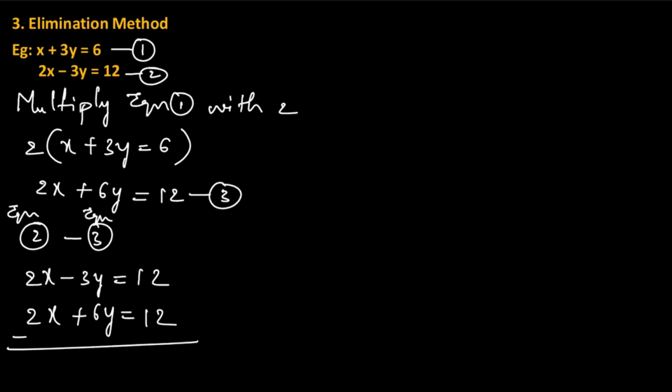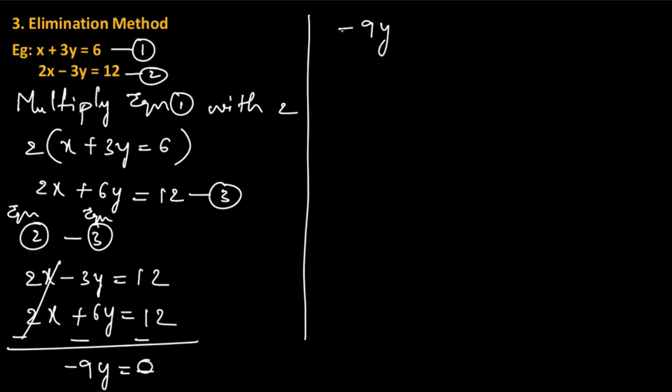Now subtract. 2x minus 2x is equal to 0. Minus 3y minus 6y is minus 9y. 12 minus 12 is 0. Now minus 9y is equal to 0. Y is also equal to 0. 0 by anything is equal to 0.